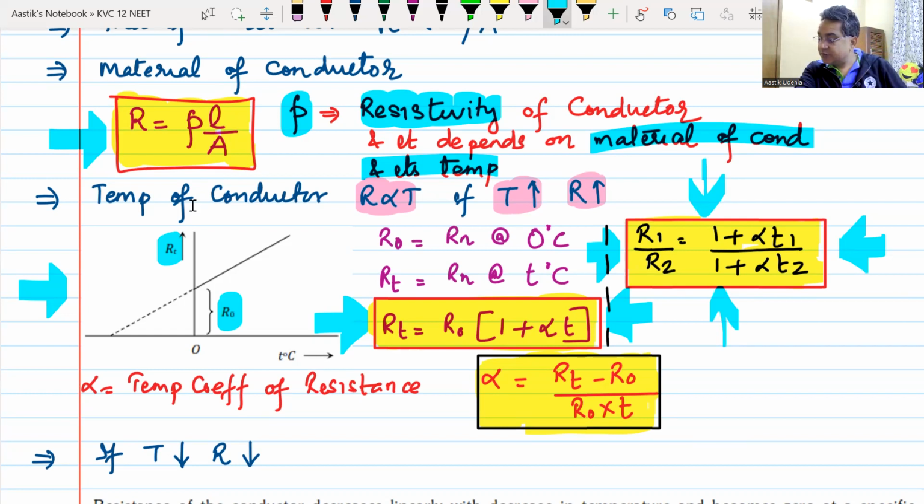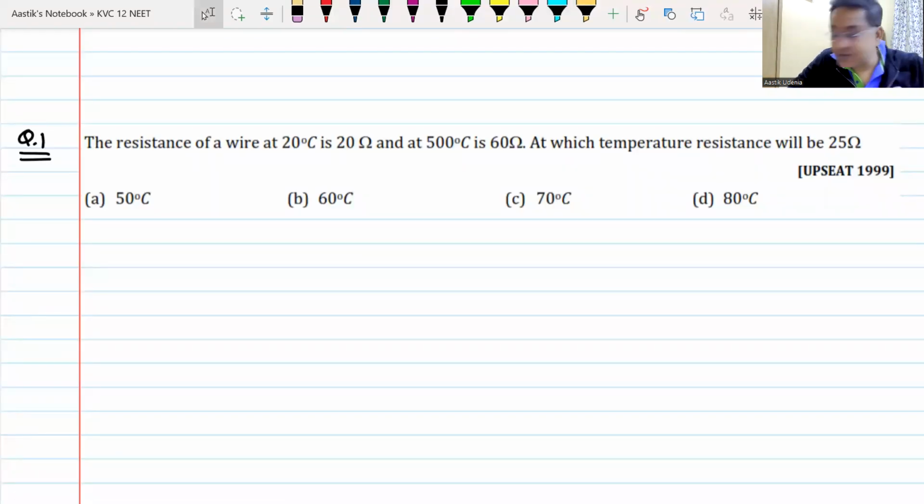They have asked at what temperature the resistance would be 25 ohms. This is how you should do it.